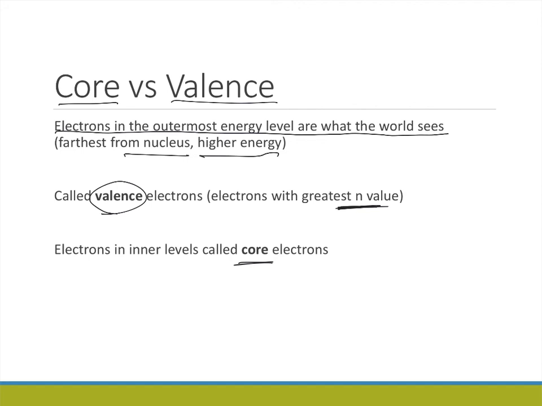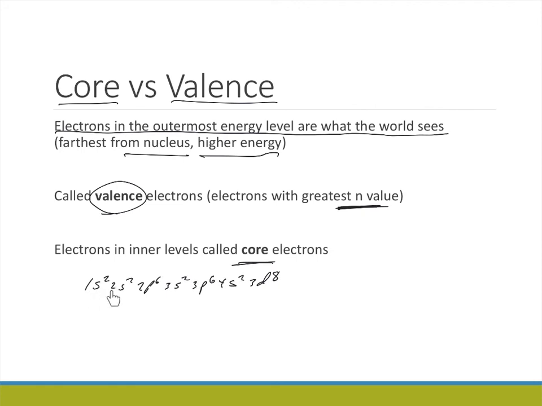Okay? So let's do a quick example here. If I have an electron configuration 1s2, 2s2, 2p6, 3s2, 3p6, 4s2, 3d8, how many valence electrons do I have? Well, I look for my biggest number of n.